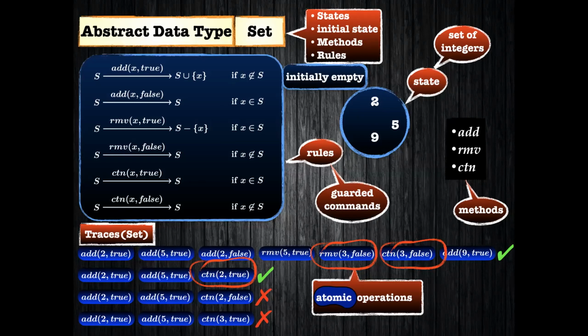In reality, when we implement programs, this will not be the case because executing an operation will take some time. So first you will call the remove operation, give it some input parameter, and after a while, the program will perform some computations, after which you get a result. So you'll have an invocation and then a response, as you will see later. But at the level of an abstract data type, we assume that all the operations are atomic.